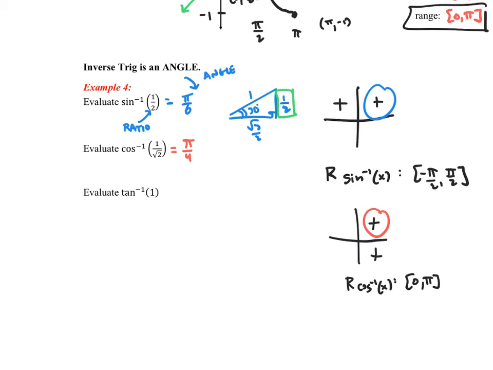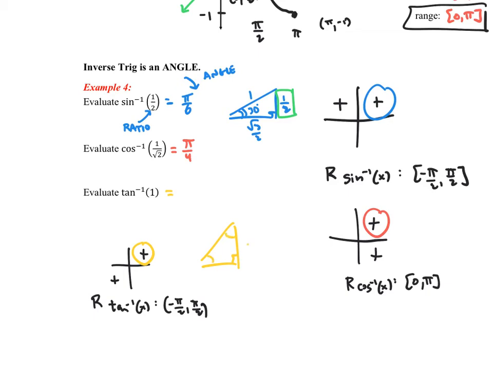Okay, let's look at tangent. So where is the tangent positive? Well, tangent is positive in quadrant 1 and quadrant 3. However, the range of inverse tangent, as we spoke about, is not inclusive, but from negative pi over 2 to pi over 2. So again, that'll isolate quadrant 1. Where is the tangent 1? Well, the tangent is 1 in an isosceles right triangle where the angles are equal, right?